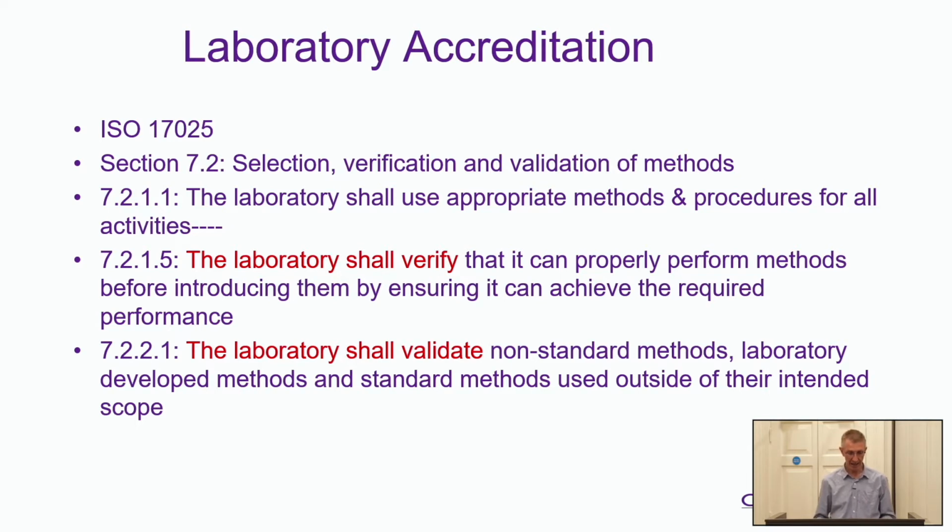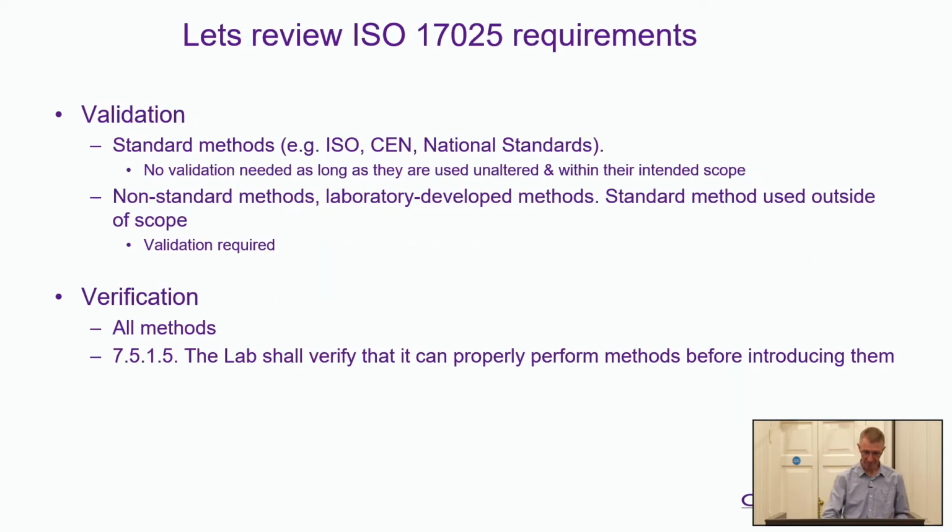And then it says the laboratory shall verify that it can properly perform methods before introducing them. And it also says the laboratory shall validate non-standard methods and laboratory developed methods that are used outside their intended use. So 17025 is pushing you towards using validated and verified methods.